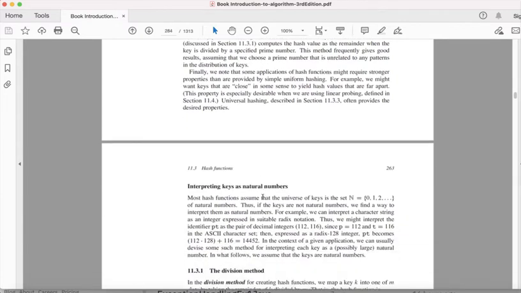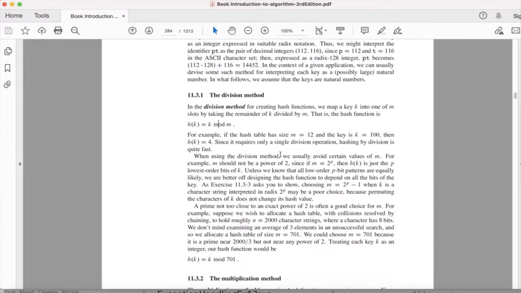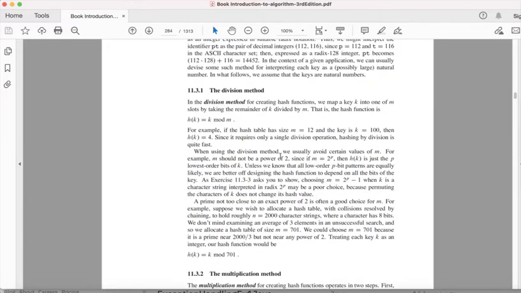So in this lecture, let us limit our discussion to the division method. In the division method, we use just the modulus division to create a better hash function.